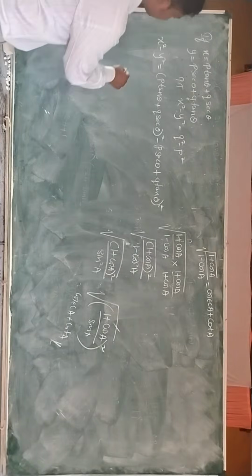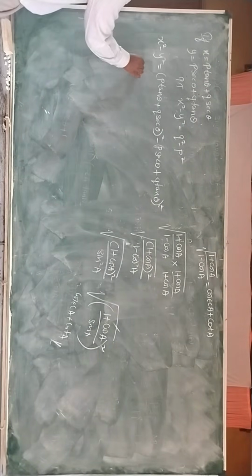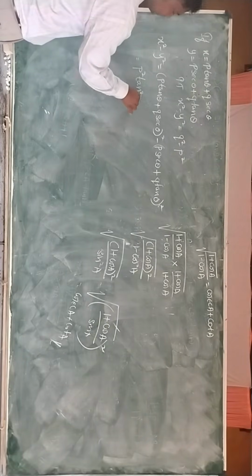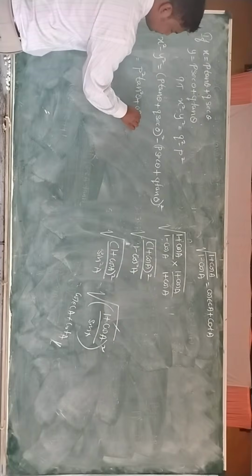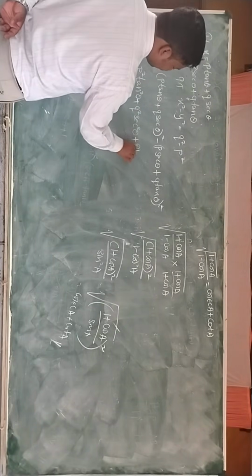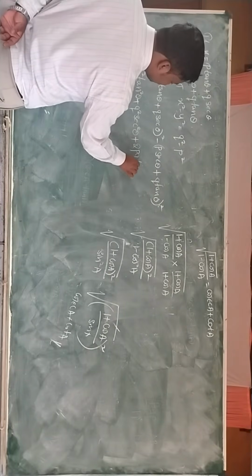Now the expansion of (a plus b) whole square: a square, p square tan square theta, plus q square sec square theta, plus 2 times pq tan theta into sec theta.